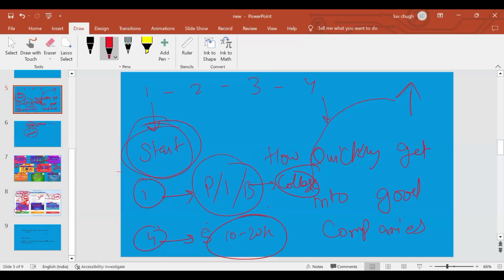Then inside the company, when their eyes open, they start working in a challenging environment, and they will take 1 to 2 or maybe 3 years, then start the skill development journey. So the difference is: after college you get a good jump, or after college 1 to 3 years of struggle, maybe 5 or 6 years, and then you want to get a good jump.